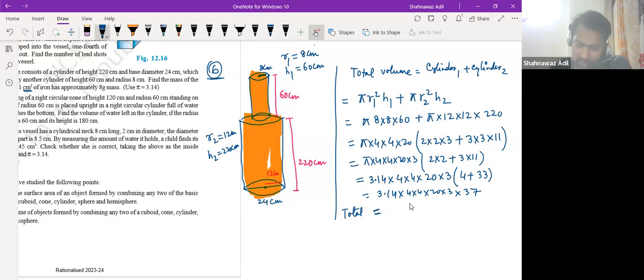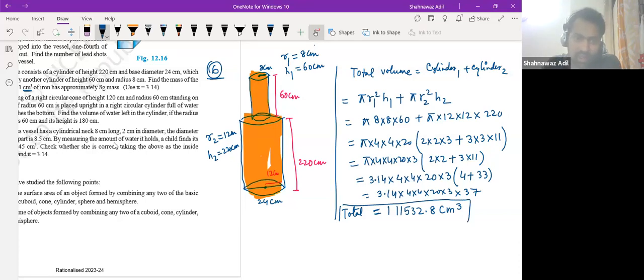Point one. You guys are not allowed to use the calculator, right? Yes, sir. This is 1153.8 centimeter cube, right? So this is the total volume.